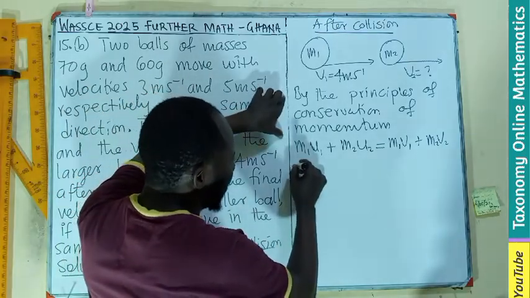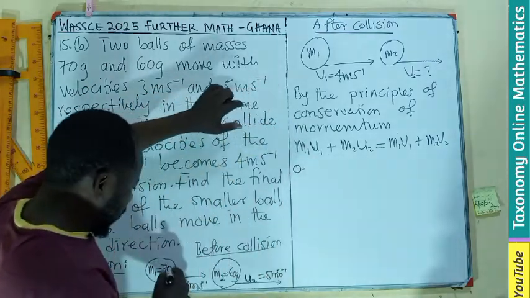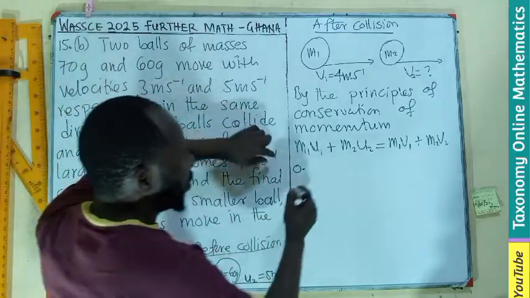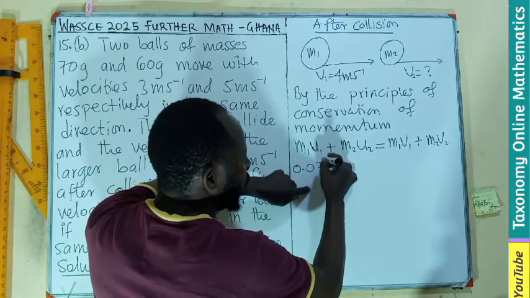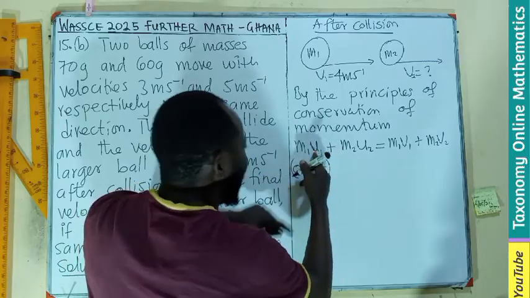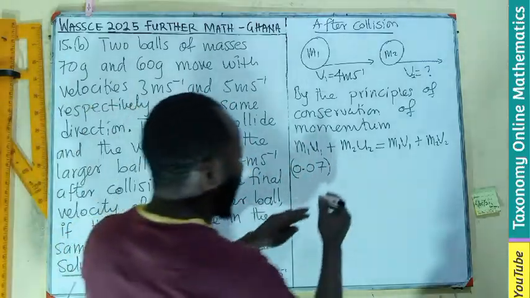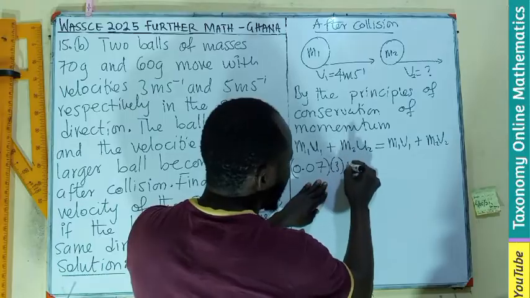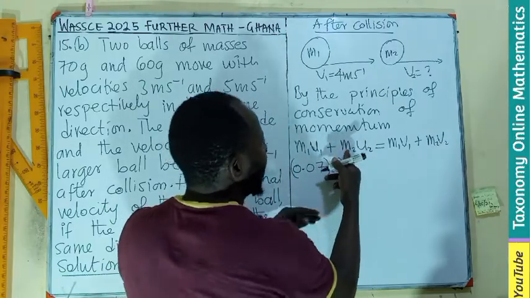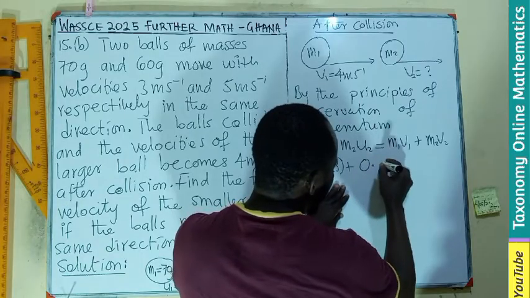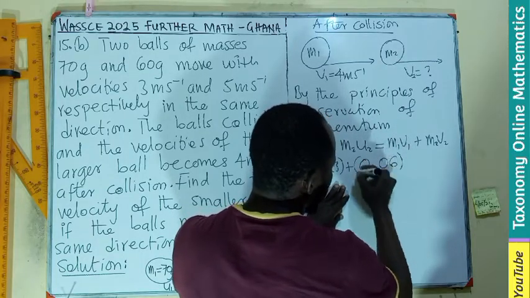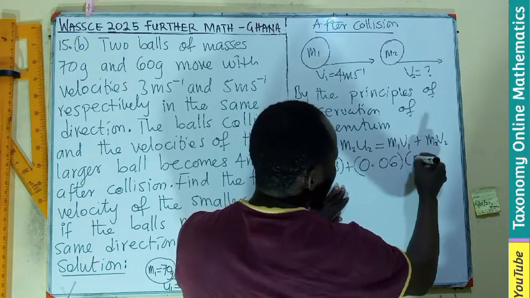That makes it 0.07. Then this is going to multiply the initial velocity of 3, plus the mass, which will also be 0.06, multiplying 5.